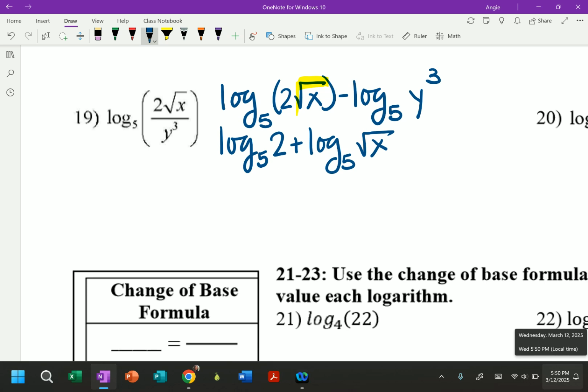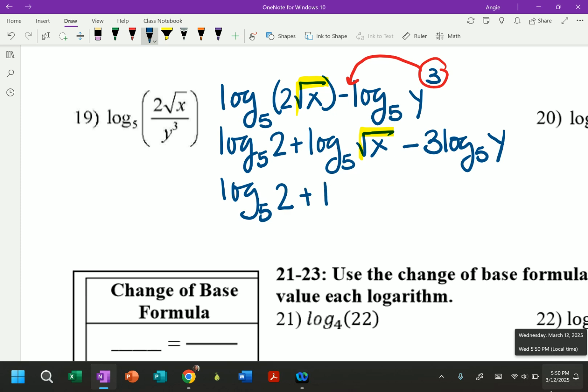And again, square root of x, we would need to rewrite as a power of a half. Now here's the power of y. So that will get dropped down as a coefficient. I'm sorry, that's supposed to be a minus. So minus 3 times log base 5 of y. Now, what we are going to focus on is the square root. So log base 5 of 2 plus log base 5 of x to the power of a half minus 3 times log base 5 of y.